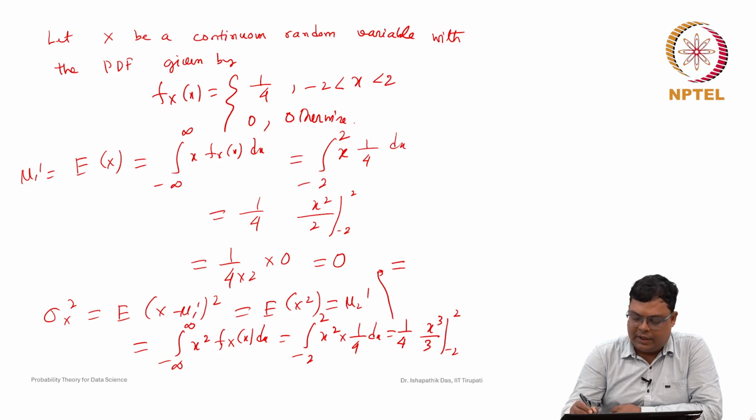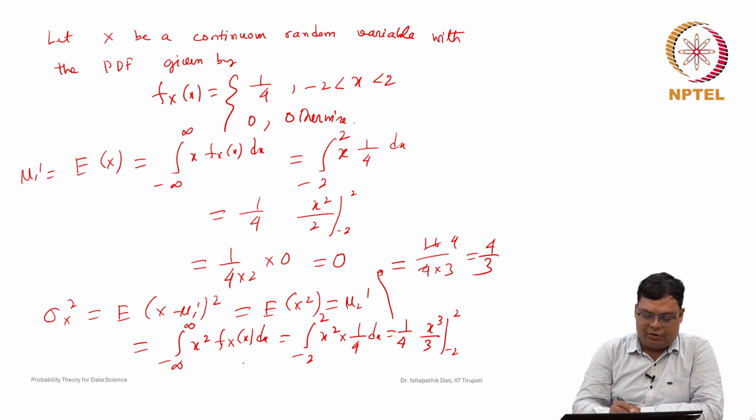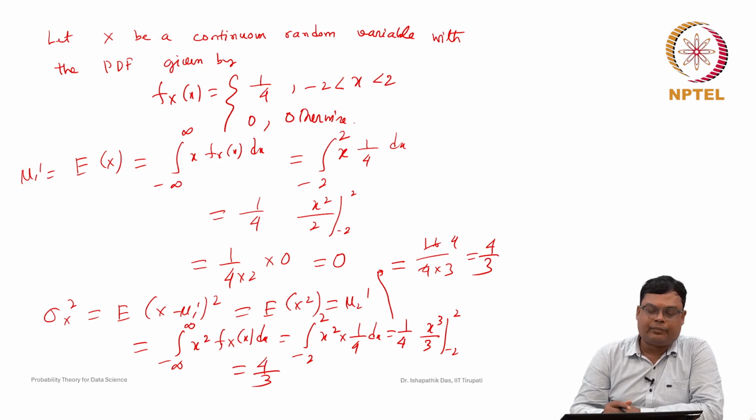That is why it is 16 by 4 into 3. If I have made any calculation mistake, please check it and make the correction. So, this will be nothing but 4 by 3. So, the variance of this random variable will be 4 by 3.